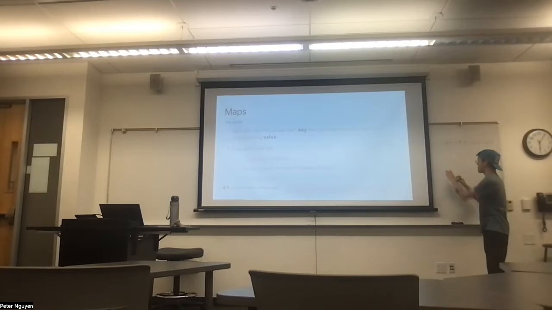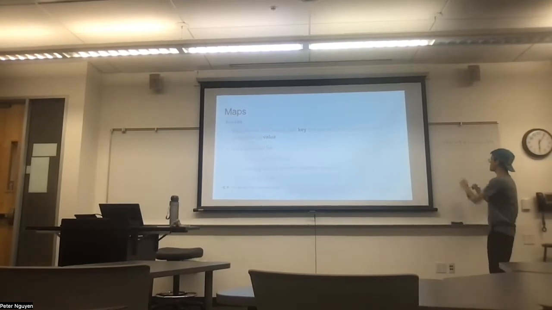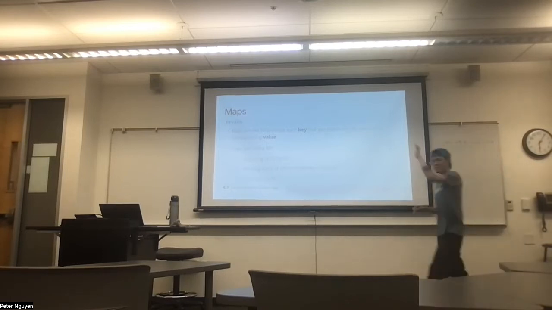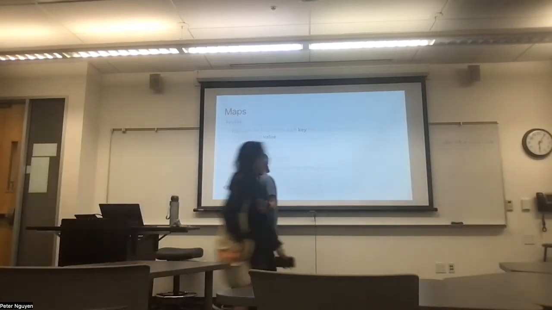So I first see this 1. I initialize it with, I've seen it 1 time. I see this 2, I've seen it 1 time. 3, I've seen it 1 time. The second 1, I already see that I've seen it 1 time, so I could increment this value and set it to 2. So maps are like sets, except we have a corresponding value.